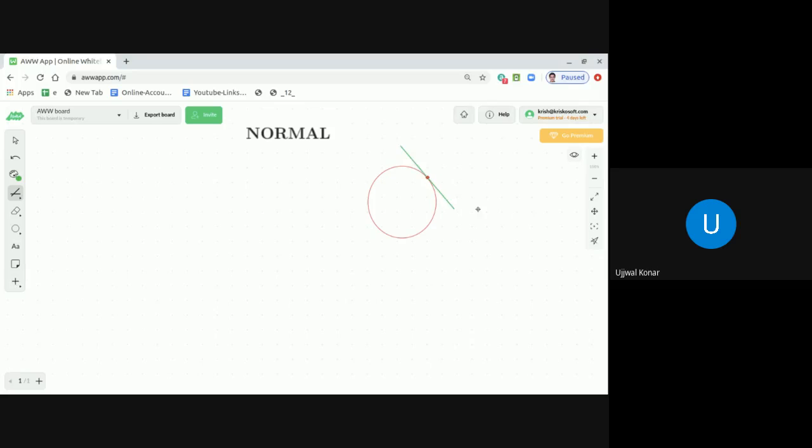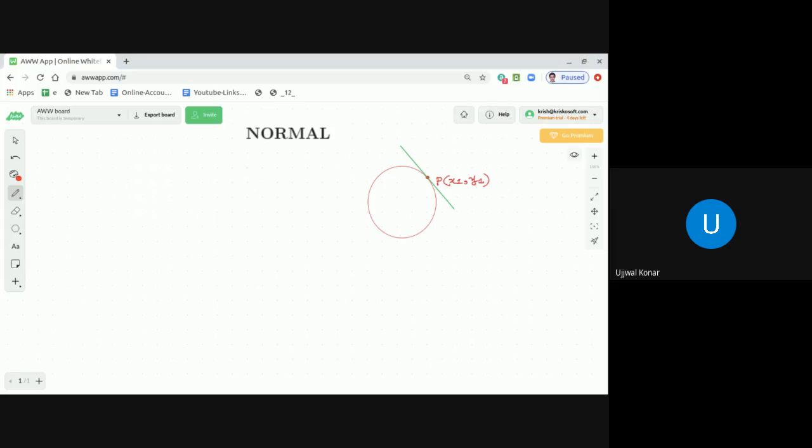This is a tangent to the circle at the point P. Now, if I define the coordinates of the point P as x1, y1, depending on the equation of the circle, we can find the equation of the tangent in different forms that we are all aware of. If something is not clear, you can look into the previous session, which is available both on the online platform at KonarClasses.com and on YouTube.